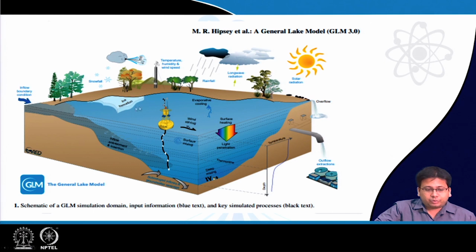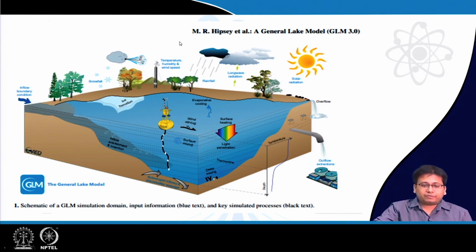Then as the wind blows, waves can be created in the lake, and according to the heights of the waves, the temperature profile might also change. There can be shear stress as the water is flowing, and that might also have some bearing on the temperature and so on.